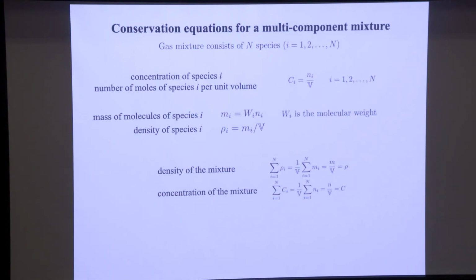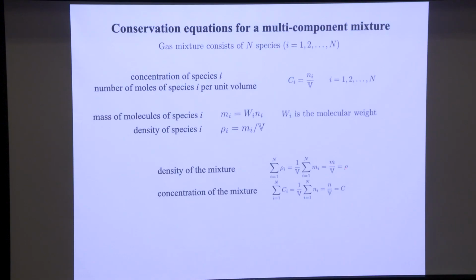So everything here is for the species I. Then we are interested in the density of the entire mixture. And so the density of the entire mixture is essentially the sum of all the densities, I goes from 1 to n, which can also be written as the mass divided by the volume from the definition. The total mass is M, so it's the total mass divided by the total volume, which is the density of the mixture, denoted by rho.